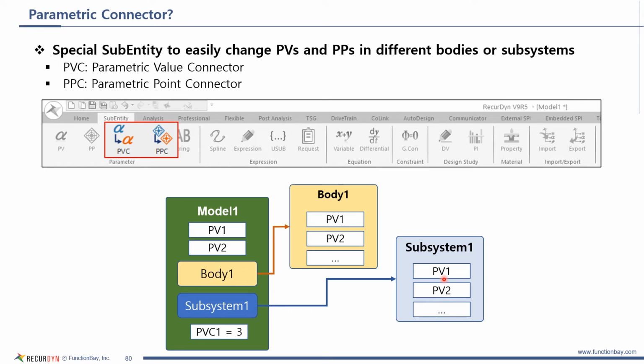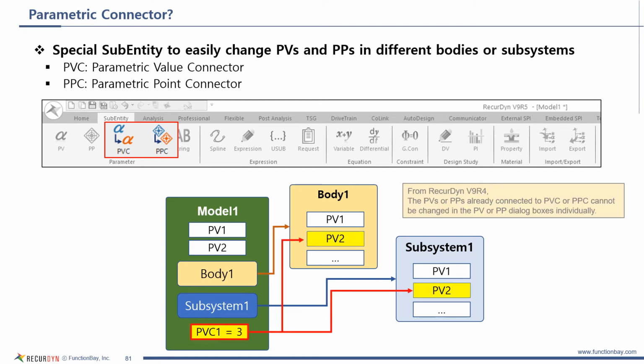You can change PVs and PPs in the child body or child subsystem from parent model. Let's say that PV2 in Body 2 is 100 and PV2 in Subsystem 1 is 200. At this time, create a Parametric Value connector called PVC1. Then, connect PV2 in Body 2 and PV2 in Subsystem 1 to PVC1.